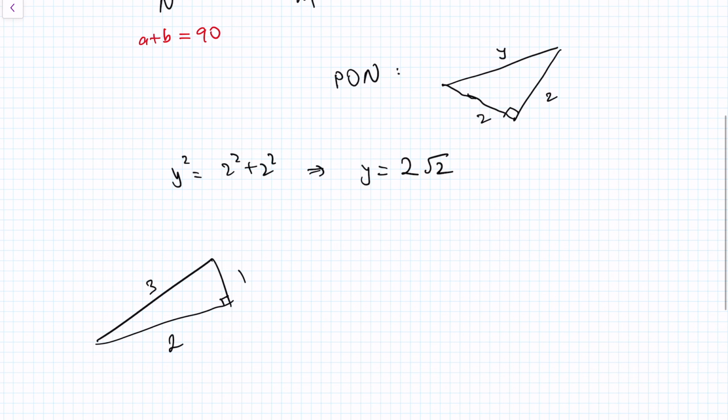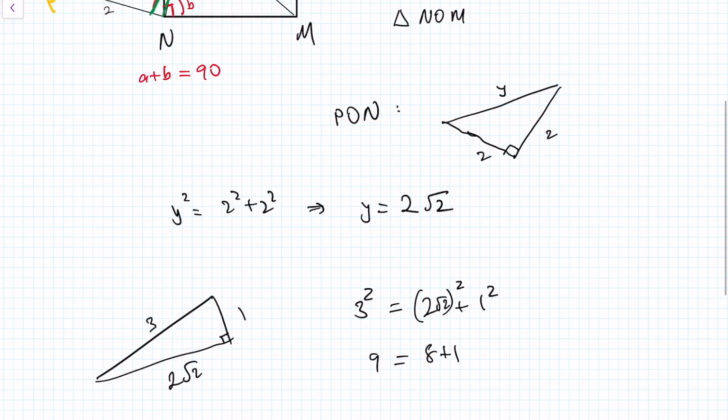If we assume this is 90 degrees, Pythagoras Theorem applies, so 3 squared should equal 2 root 2 squared plus 1. And what is that? So yeah, 9 is equal to 8 plus 1. That's right. So we deduce that it's a 90 degree triangle using Pythagoras Theorem.